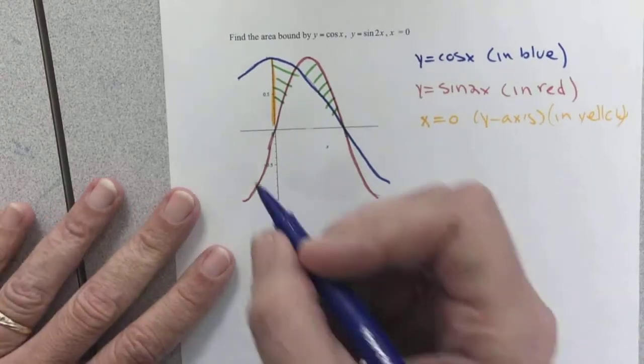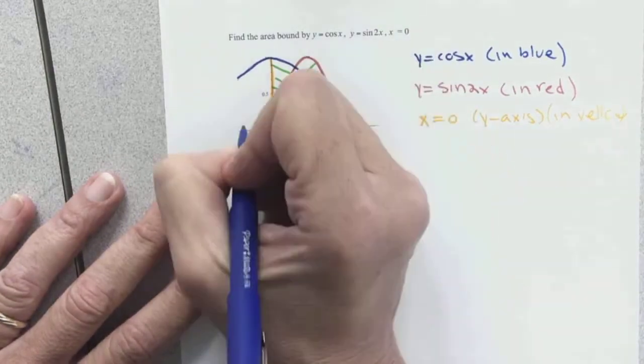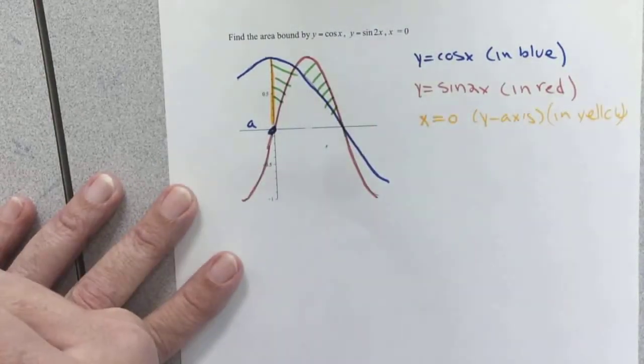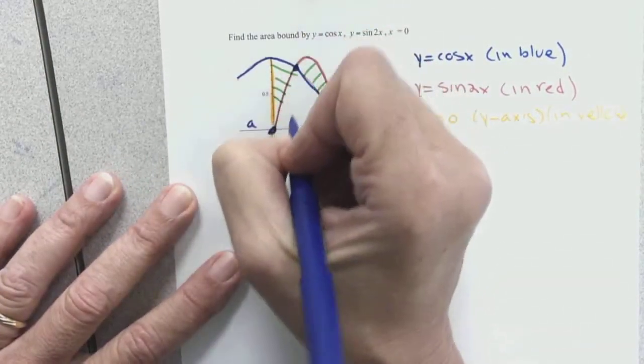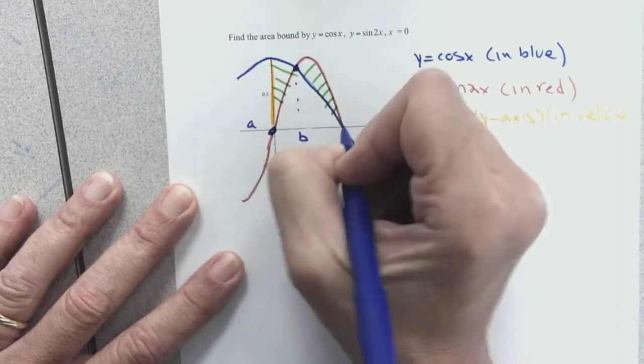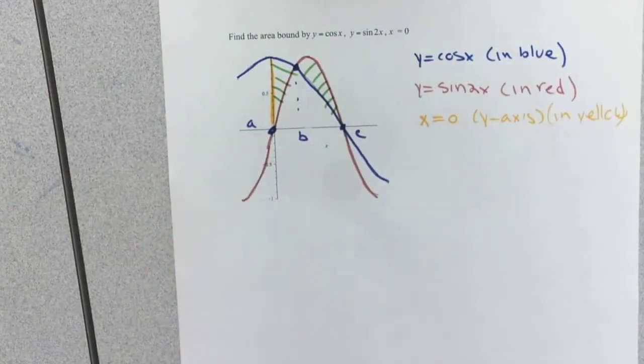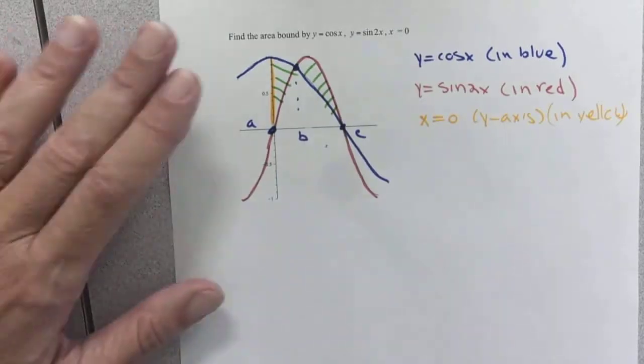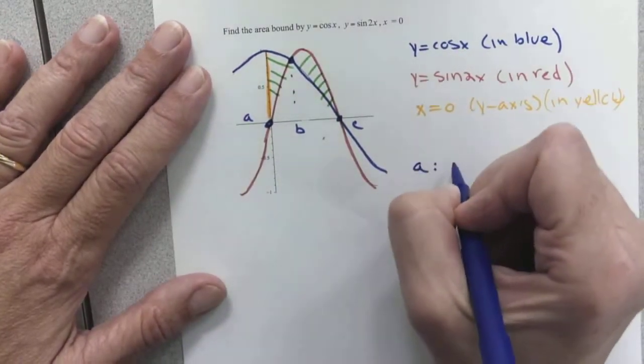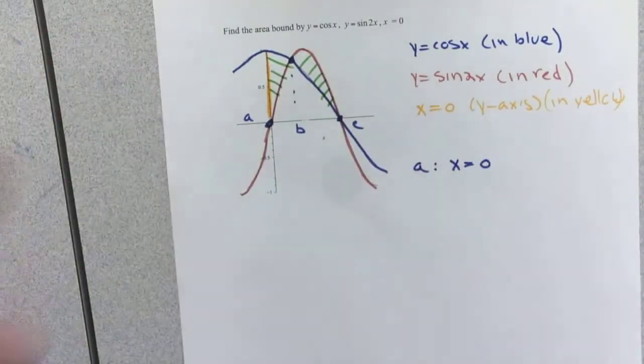So now I need to know some points of intersection and x-intercepts. So that's A, let's call that B, and call that C. Now I am okay with A being x equals 0.